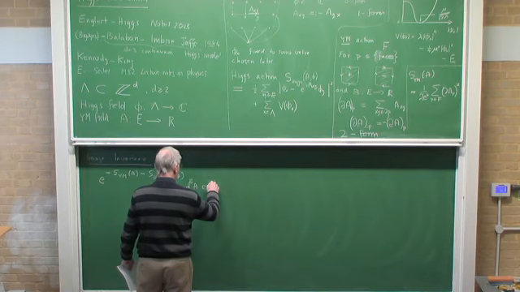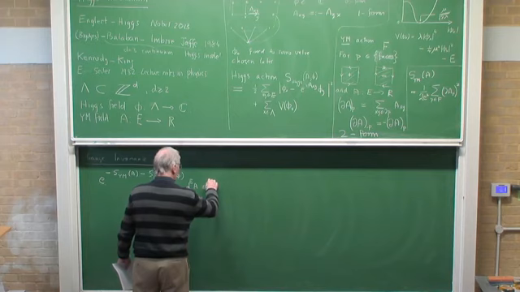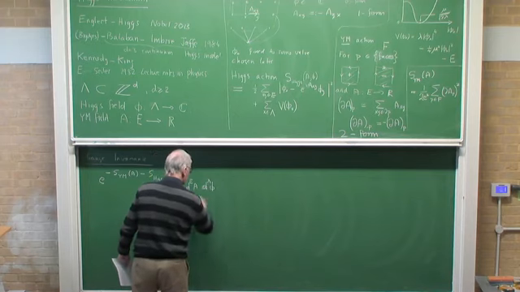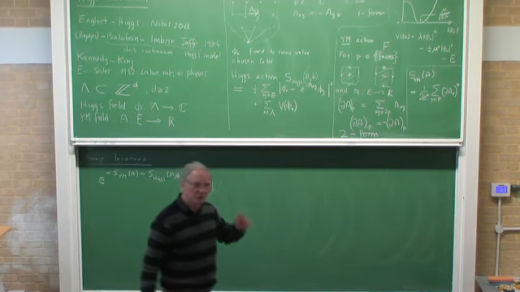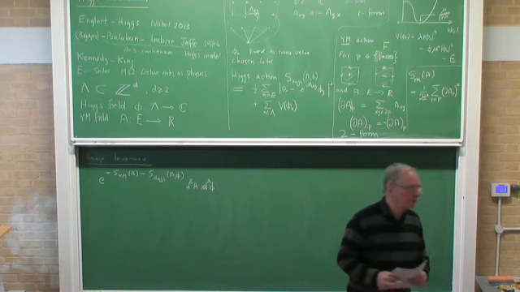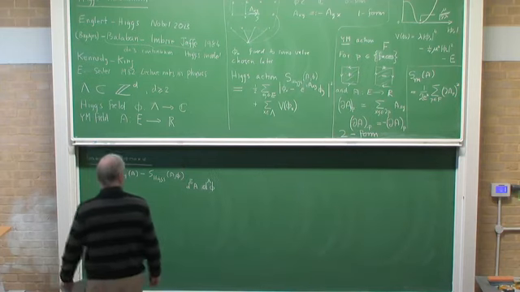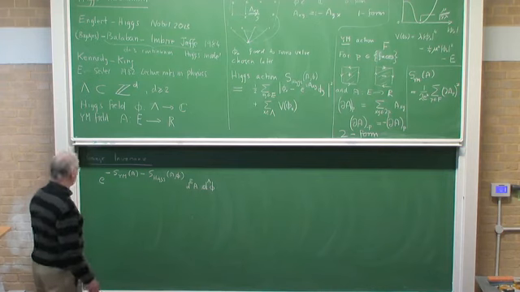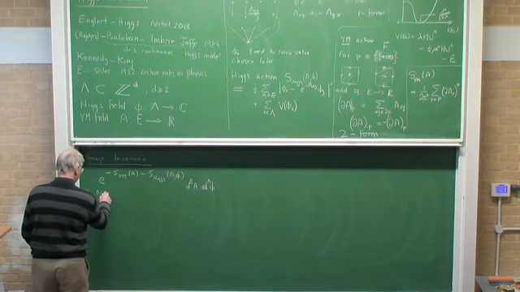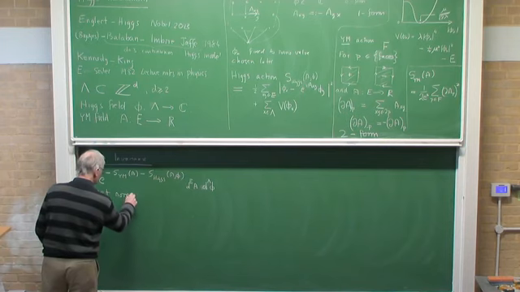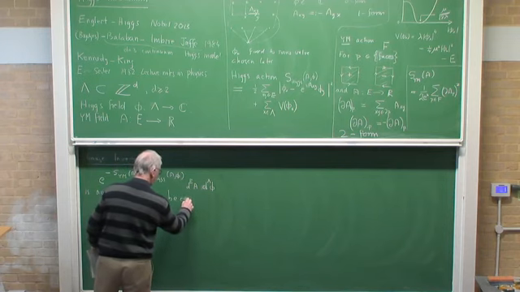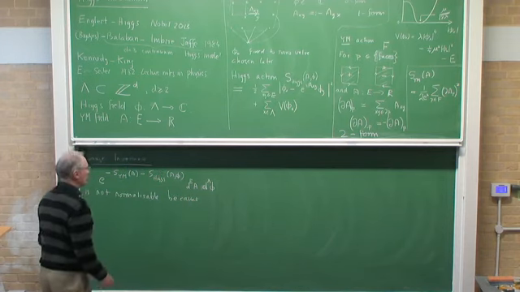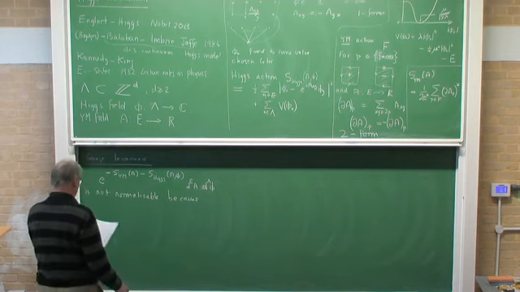And I'll take the Lebesgue measure for the field phi. That's the Lebesgue measure on the complex plane, so it's two-dimensional. I want to put that in my notation. Okay, now this is a measure, but it's not normalizable. Because there's a non-compact group of symmetries, the gauge invariances.